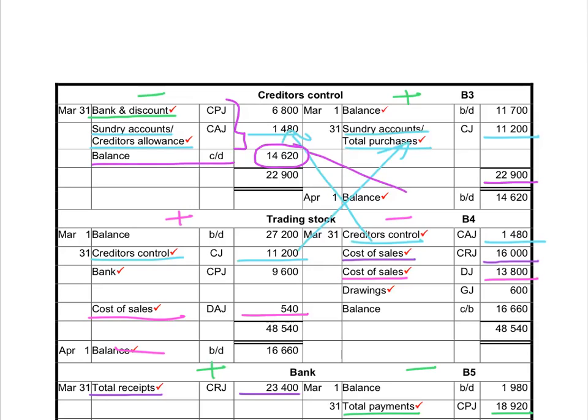This balance will be brought down on the opposite side on the first day of the next month below the total. Trading stock is an asset, so we will add up the debit side first. Then we will subtract all the amounts on the credit side to work out what is the balancing figure. This balancing figure will be brought down the first day of the next month.